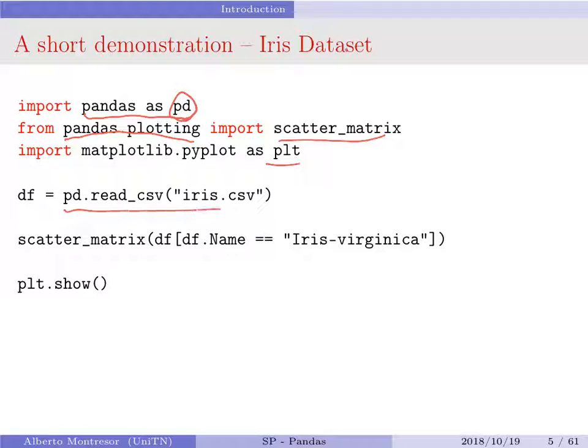And the nice part is that you read the file, and that's it. You compute a scatter matrix only on the lines related to Iris virginica, and then you show the results, and that's it.